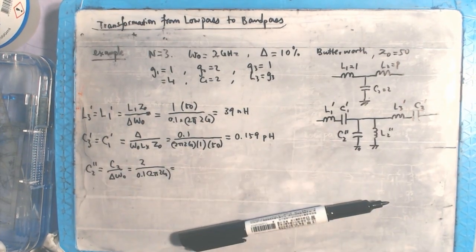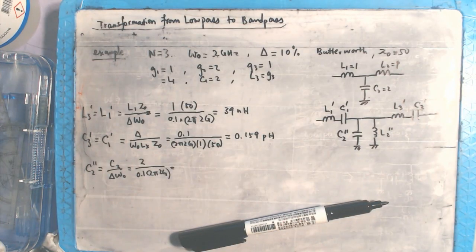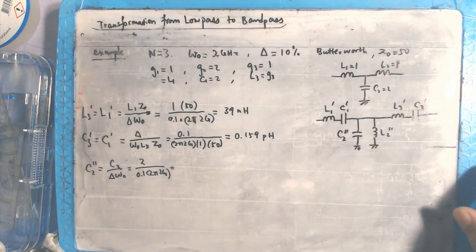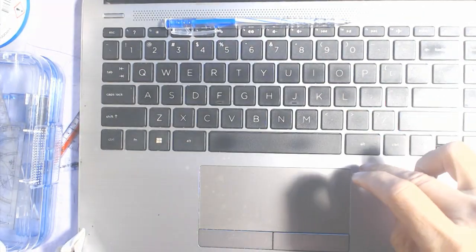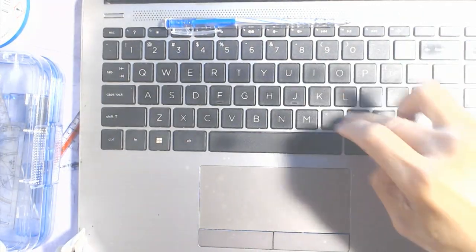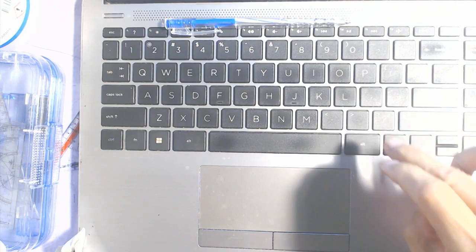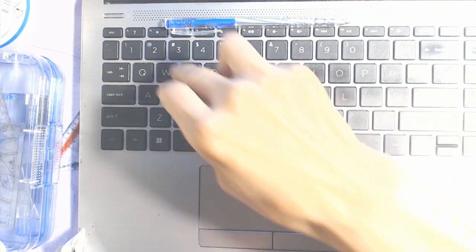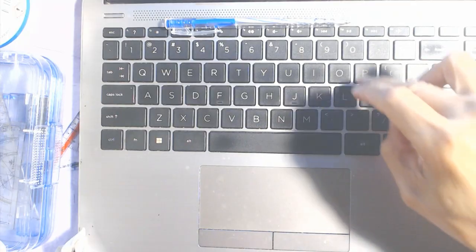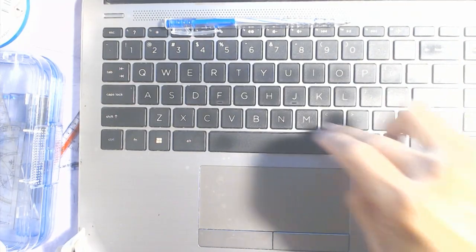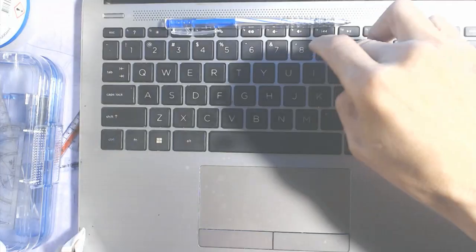The capacitance should be large. Again, I need to use my keyboard. 2 divided by 0.1 divided by 2 divided by pi and divided by 2 giga. Let's double check.